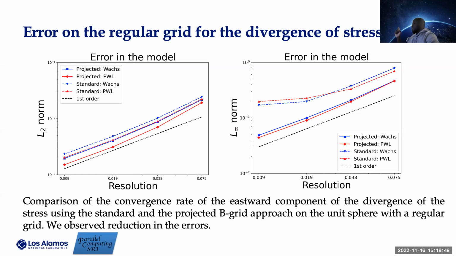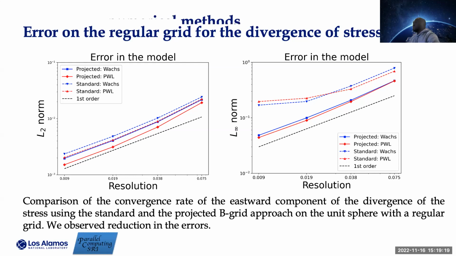The error is not decreasing compared to the new proposed approach, where we see that the error is indeed decreasing. And this is the U component of the divergence of stress, run using a linear polynomial basis function. We also ran the same using a different basis function, like Wachspress, and we see that the result is similar.